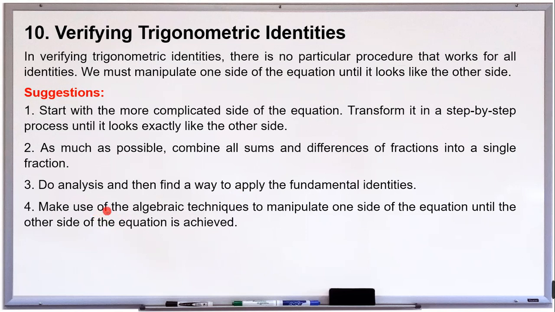Number 4, make use of algebraic techniques to manipulate one side of the equation until the other side of the equation is achieved. So try to review your concepts in factoring, in canceling common factors, and in creating a conjugate out of a given expression that contains two terms separated by minus or plus, or if there is a radical expression.